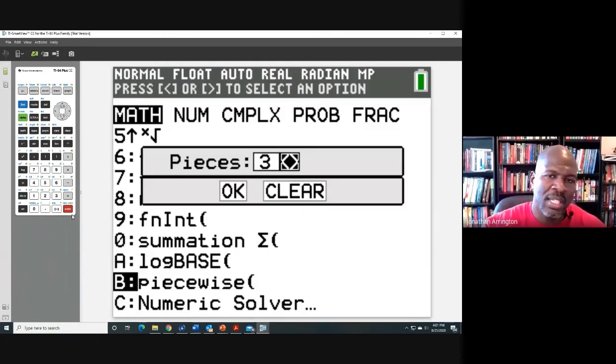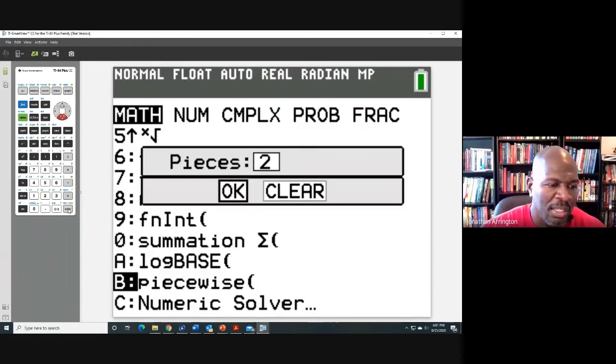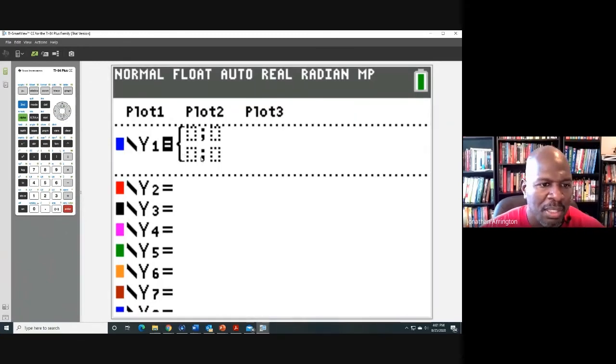In our example, we just had 2 pieces. So I'm going to say 2 pieces. And notice I used this arrow to make it go down. I could have used this one to make it go up. This one goes down, this one goes up. But again, I want 2 pieces. Move it down to where it's on OK and hit enter. So it puts the 2 pieces in there.